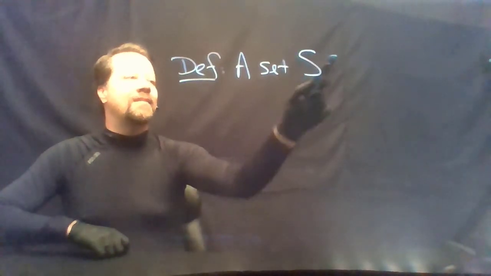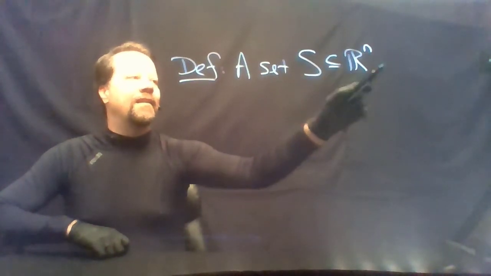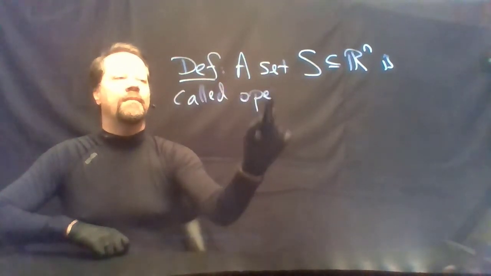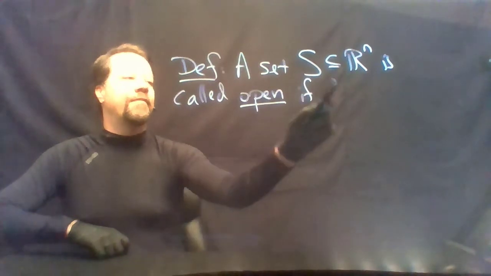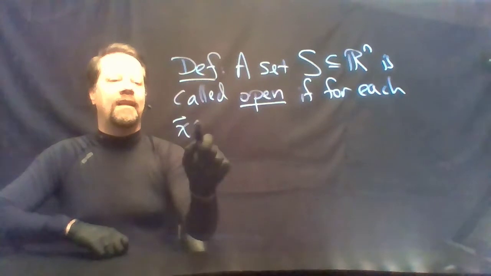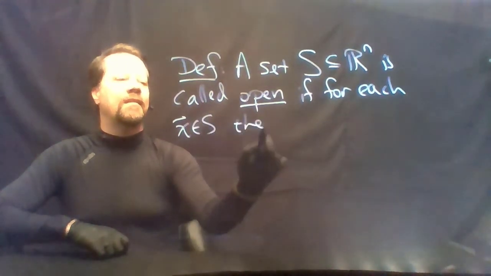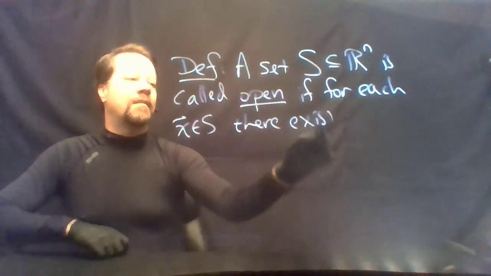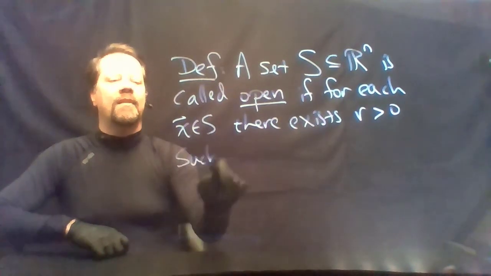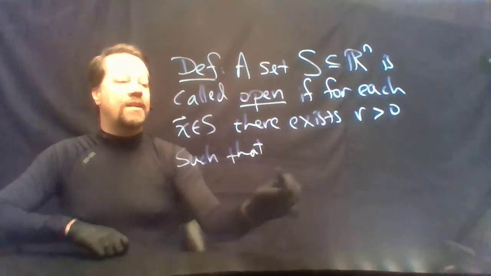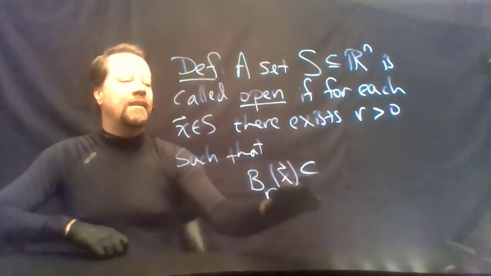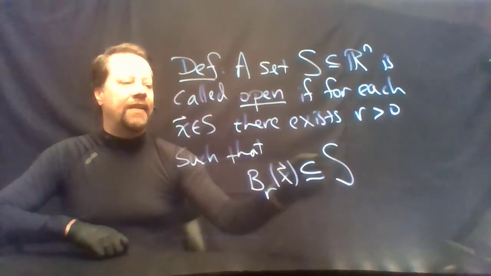A set S contained in Rn is called open if for each x lying in S, there exists some r, a radius r greater than 0, such that the ball of radius r centered at x is a subset of S.